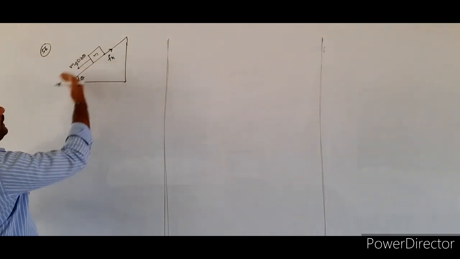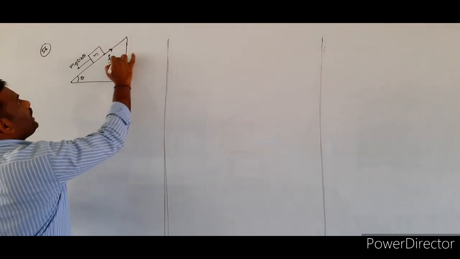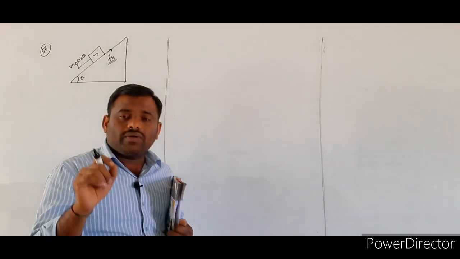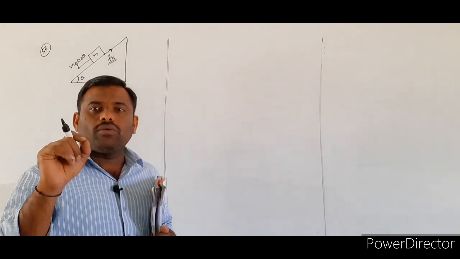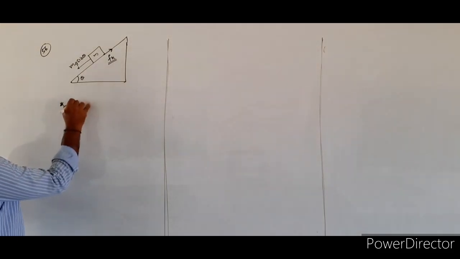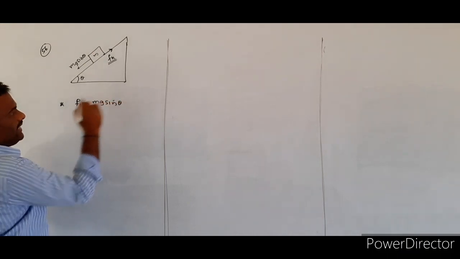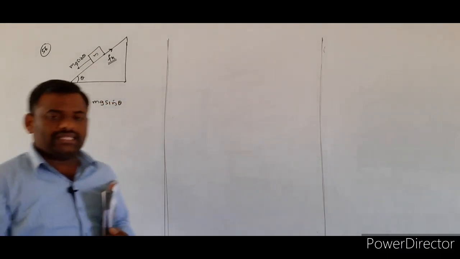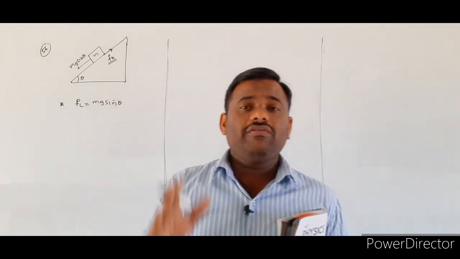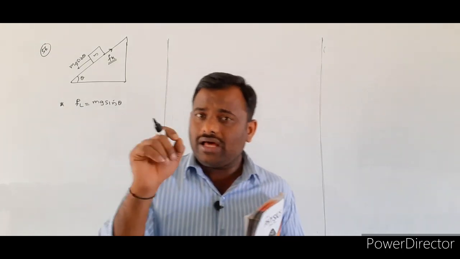Whenever the downward pulling force becomes equal to the frictional force, the body will be ready to slide. So in this case, the limiting frictional force value is nothing but mg sin theta. Whenever the applied force equals the limiting friction, the body will be ready to slide.